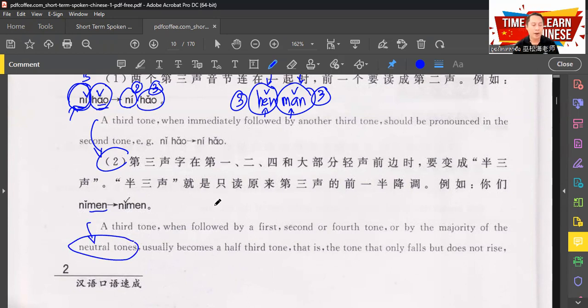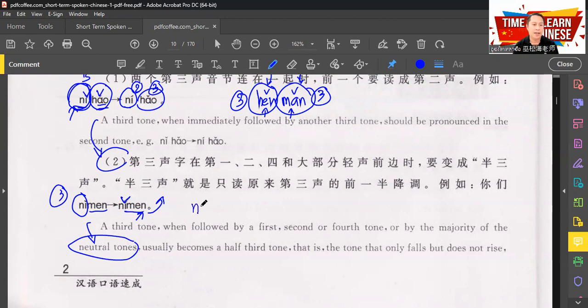For this rule, when in front of the neutral tone is third tone, for the third tone and the neutral tone, you have to speak lightly. So you have to follow these rules. If this one is third tone, for the neutral tone we have to speak in a short sound and lighter.